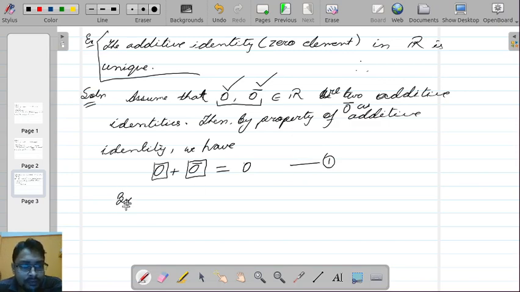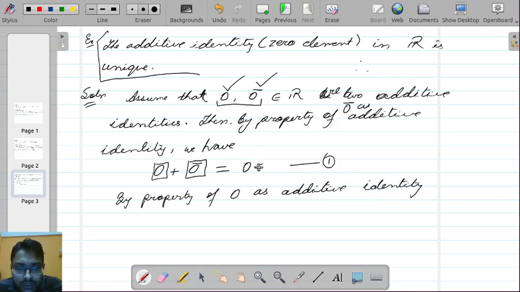Again, by property of 0 as additive identity, I can write it in reverse also, 0 bar plus 0. I am taking 0 as the additive identity now, and 0 bar I take as a. So 0 bar plus 0 equals 0 bar, which is equal to 0 plus 0 bar.